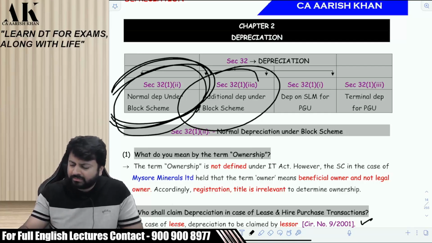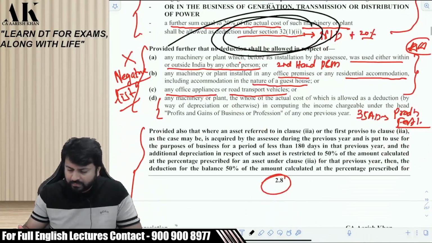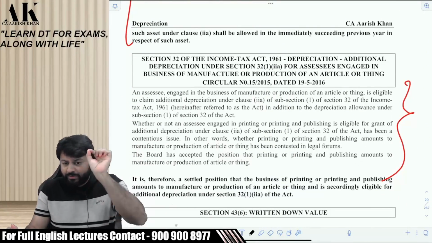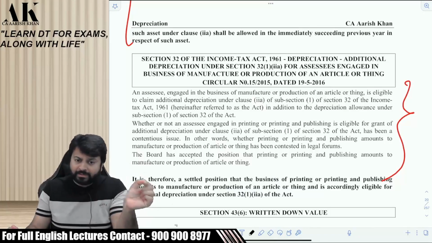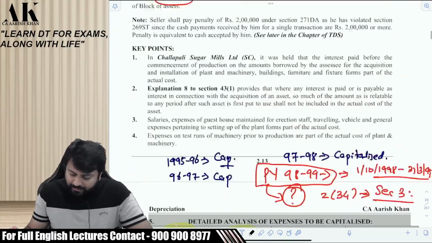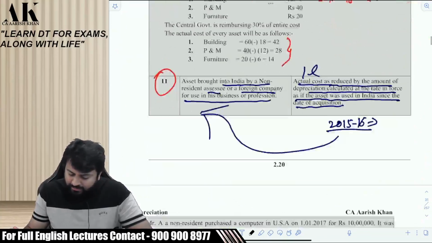Therefore, moral of the story is what? Keep both the pages like this in your hand. The page of 32(1)(ii) and additional depreciation. Keep it in front of you. You have to switch here and there. I may not switch again and again. I know that.